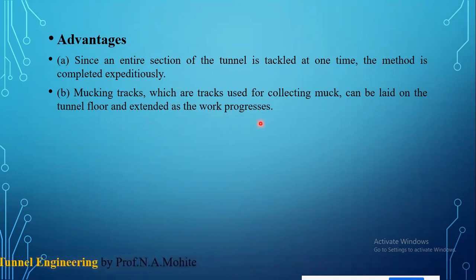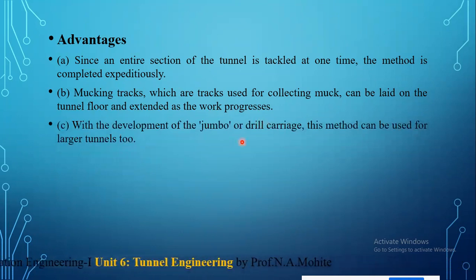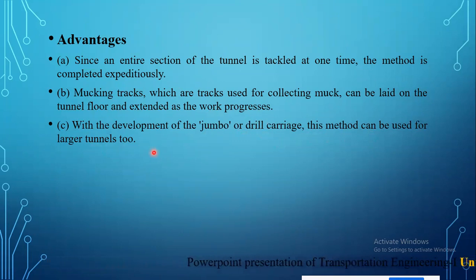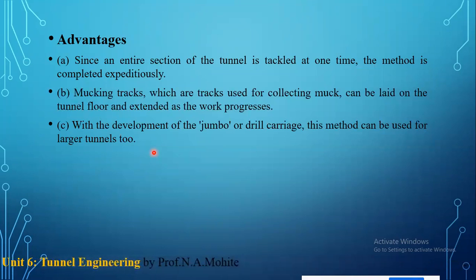As the work goes inside, you can go on targeting the further work. With the development of the jumbo or drill carriage, this method can be used for larger tunnels too. So if the length of the tunnel is more, in that case also you can use this full face method.